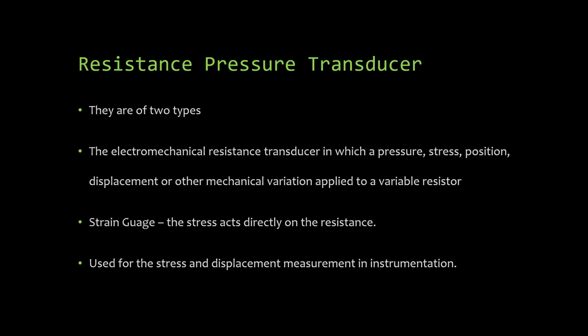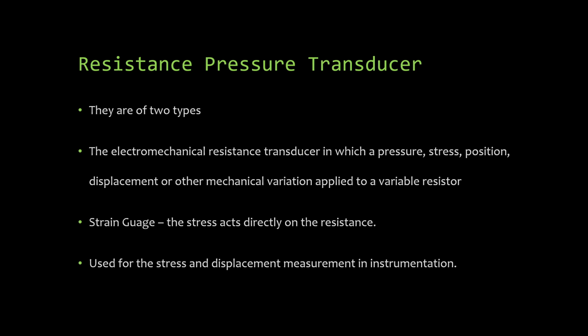Another type of resistive transducer is the resistance pressure transducer. Measurement in this type of transducer is based on the fact that a change in pressure results in a resistance change in the sensing element. Resistance pressure transducers are of two types.